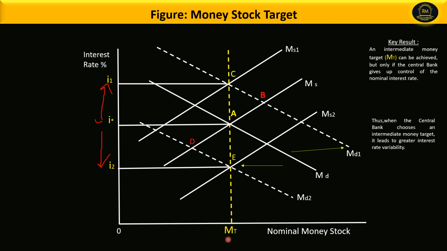Because whenever there is an increase in the money stock, RBI will take a contractionary measure and that will increase the interest rate. If there is a decrease in the money stock below the target level, RBI takes expansionary monetary policy by increasing the money supply, which will reduce the interest rate.